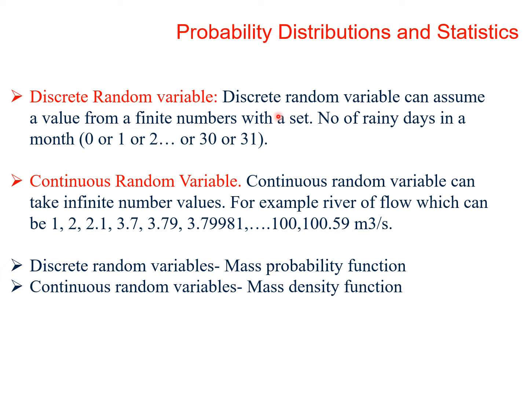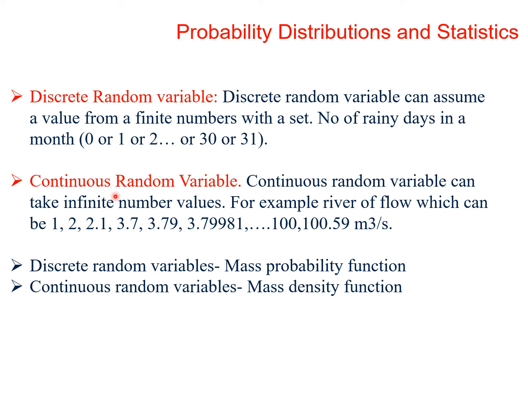You cannot have 20.5 rainy days. So you can have either 24 or 25. These kinds of variables can take only finite numbers within a set, and that is called discrete random variables. Whereas there are other variables which can take an infinite number of values.